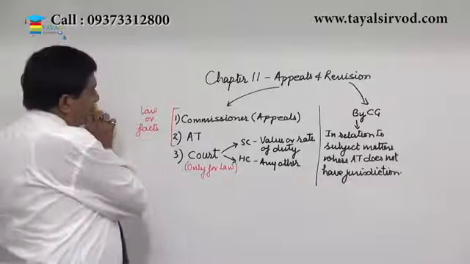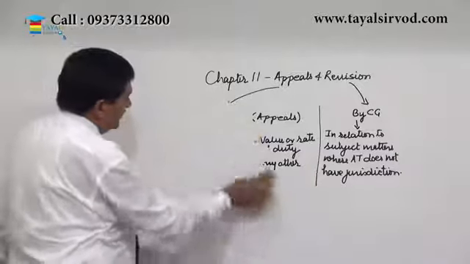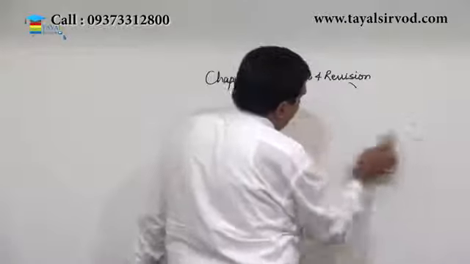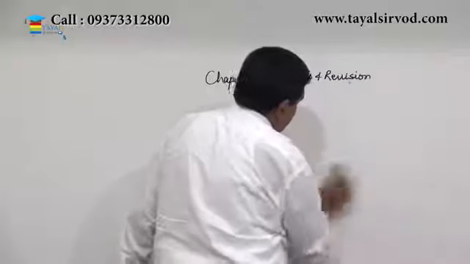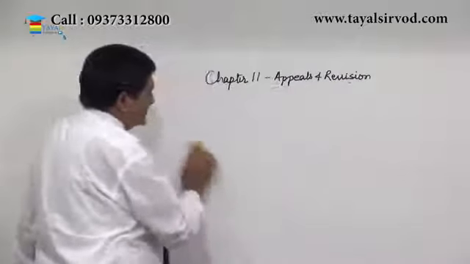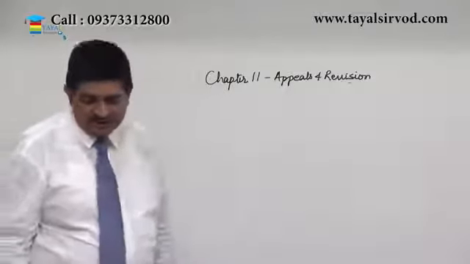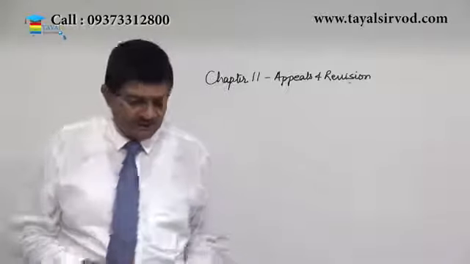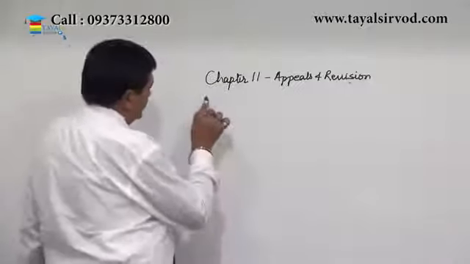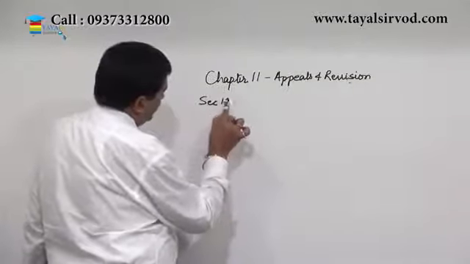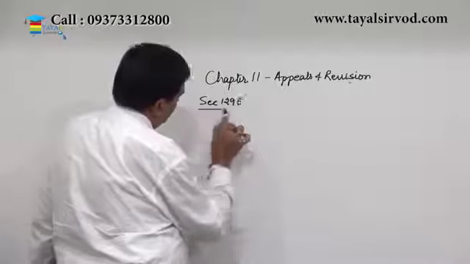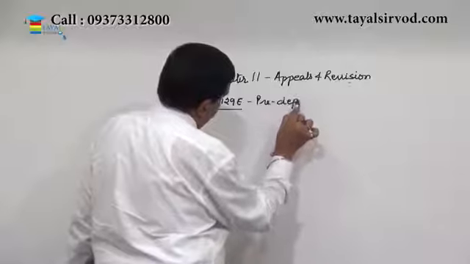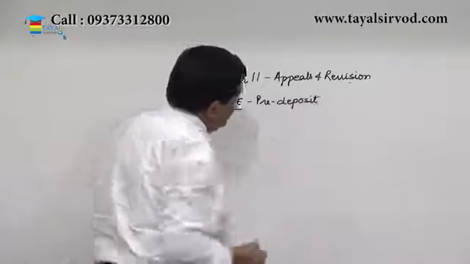Now before an application is filed, one thing we must understand, that as far as Commissioner Appeal and appellate tribunals are concerned, they don't have a right to accept any appeal unless a pre-deposit has been made. This is section 129E. This talks about pre-deposit.